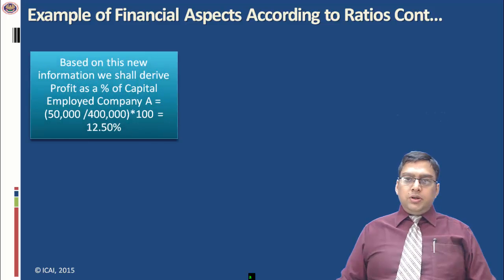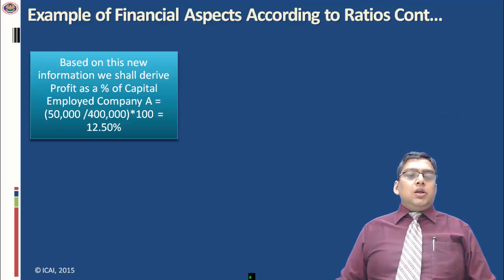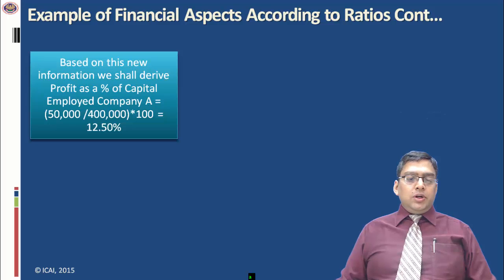Based on this new information, we shall derive profit as a percentage of capital employed. Company A equals 50,000 divided by 4 lakh into 100, which means 12.5%.